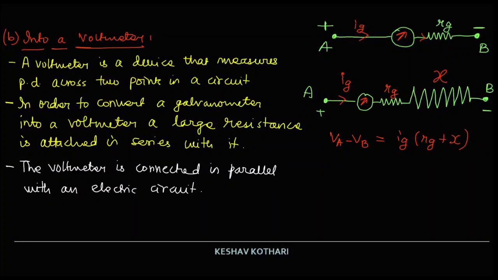Now the points that must be kept in mind is, ideally an ammeter is considered as a device that offers zero resistance, and ideally a voltmeter is considered as a device that offers infinite resistance.